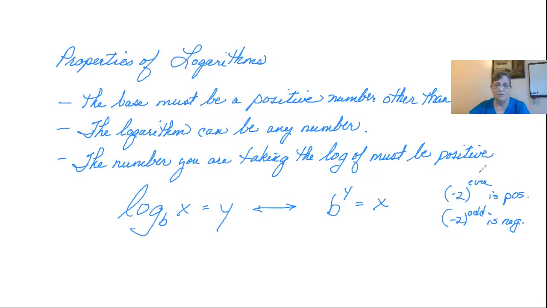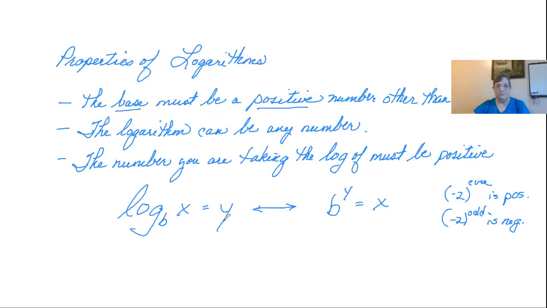But then what happens when your exponents get to be other things? So let's not even go there. It would be jumping back and forth all over the place. So the base has to be a positive number and not 1.